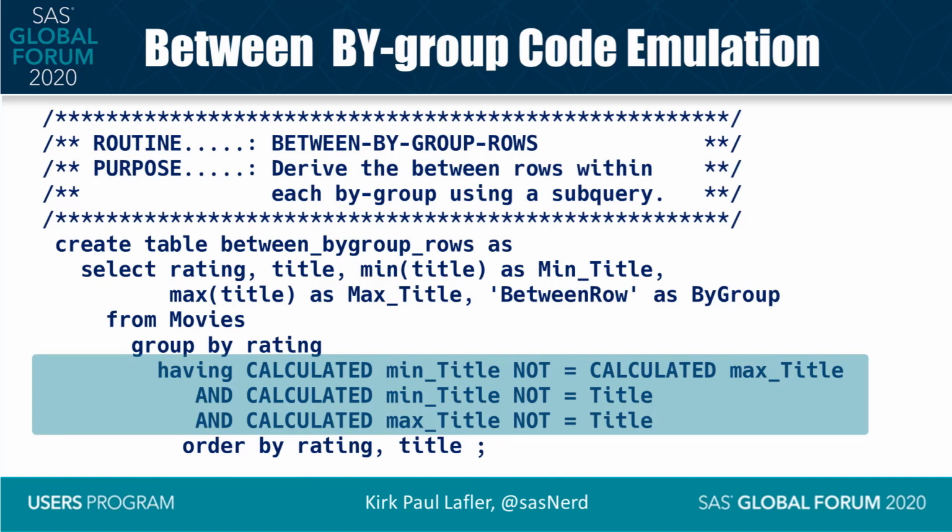Well, the calculated keyword allows us, and think back to the order of execution of the query clauses, the select clauses, and we're defining the min title, the max title, and the by group dynamically on the select. Now the select statement is the first statement that's specified in a select query, but it's the second to last statement or clause that's executed.